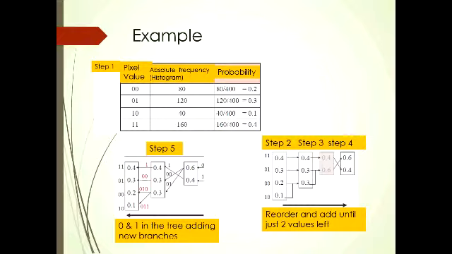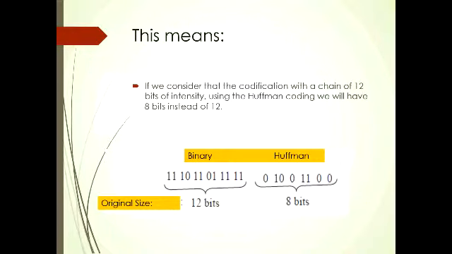After that, we will backtrace the tree, alternating symbols, codes, zeros and ones, as we can see in step number 5. This means that if we have the original size of an image of 12 bits, if we choose Huffman, we can change the size of this image to 8 bits.